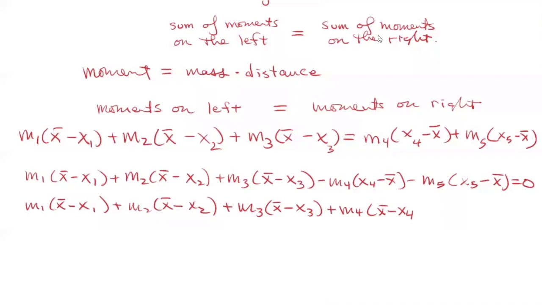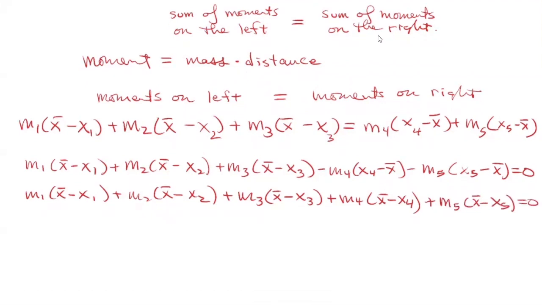So that's going to be thought of as a negative moment. So we're going to get over the notion of moments having to be positive numbers. Moments now can be signed. Last one, plus m5 times x bar minus x5. And of course that's 0.